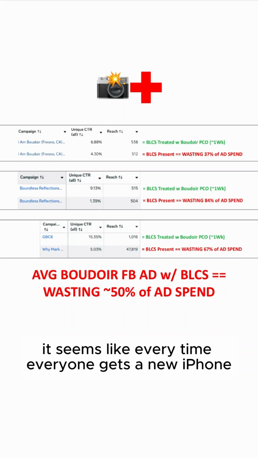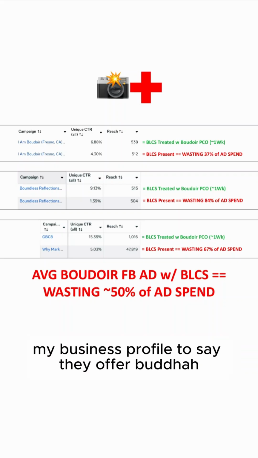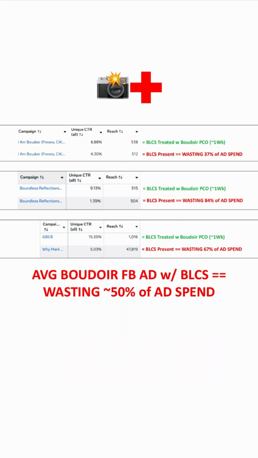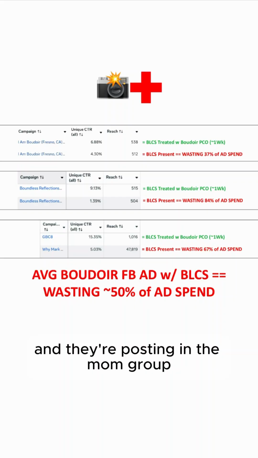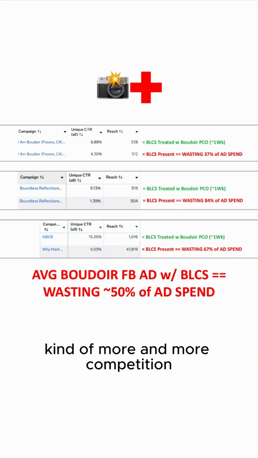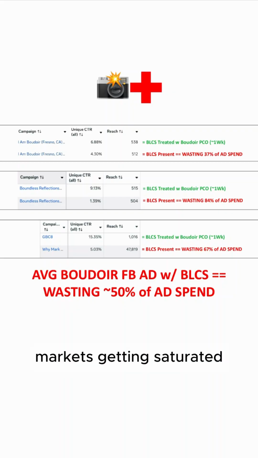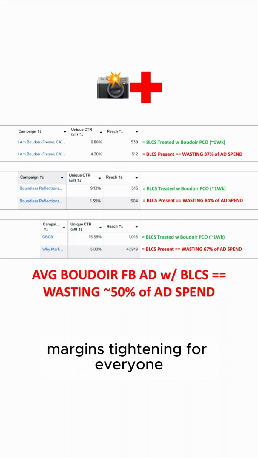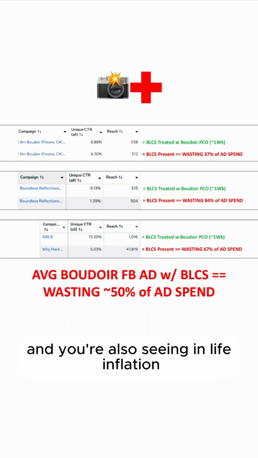It seems like anytime everyone gets a new iPhone, they turn on a Google My Business profile to say they offer Boudoir, or they get a new camera and they're posting in the mom group saying they offer Boudoir. So more and more service providers, same number of buyers, more and more competition. Market's getting saturated, margins tightening for everyone, and you're also seeing life inflation, life costing more and more.